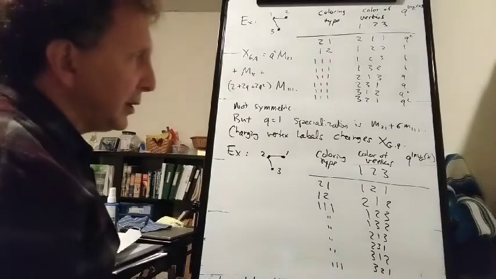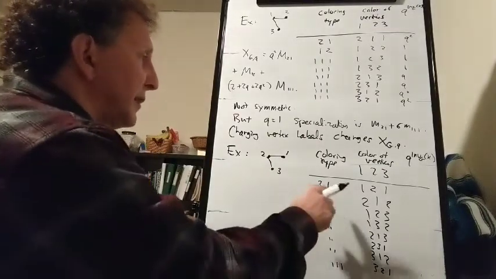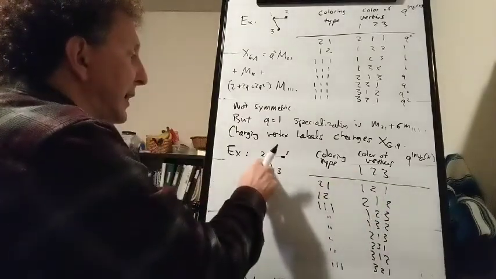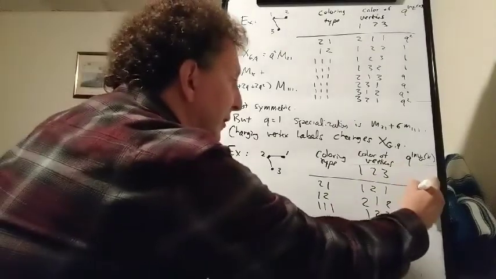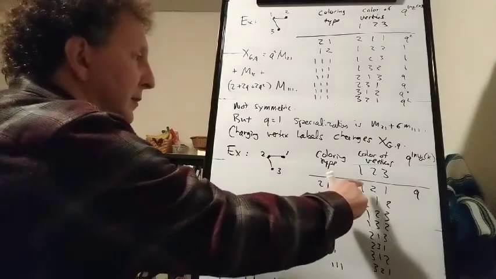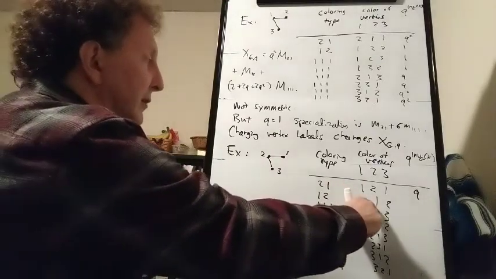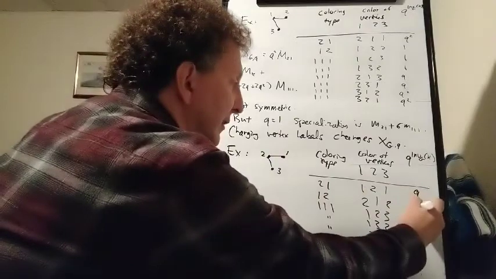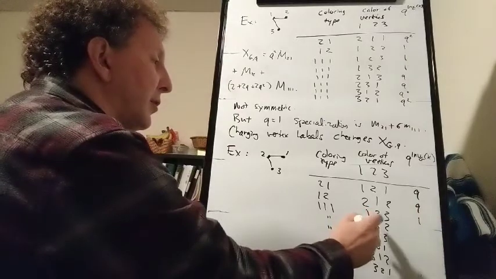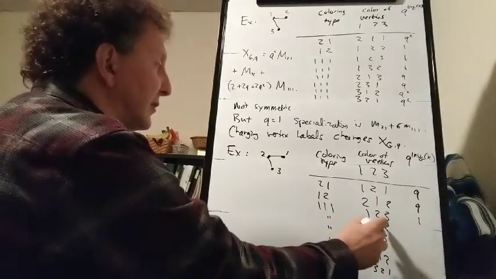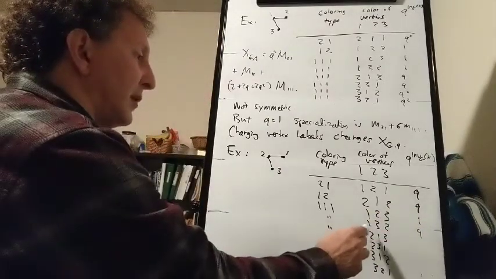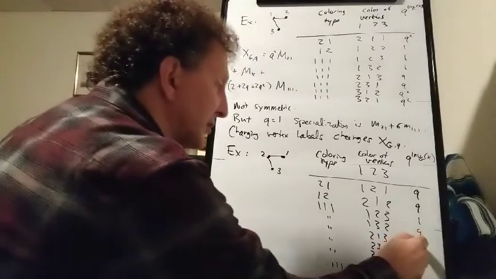Well, let's see what the q to the number of inversions is going to be. So here we have 2 has a greater color than 3, and there's an edge between them, so that's 1 inversion. Here, 1 has a greater color than 2, and there is an edge between them, so that's q. Here, vertex 2 has a greater color than vertex 3, that counts as q. Vertex 1 has a greater color than vertex 2, and they've got an edge, so that counts as q.